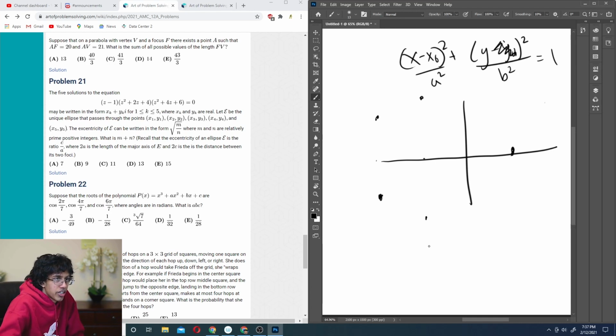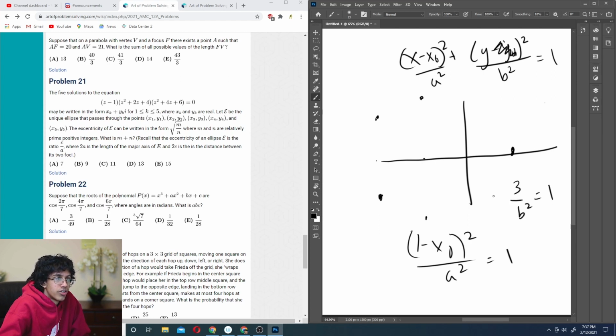So essentially, if we plug (1, 0) in here, we get (1 minus x0) squared over a squared is equal to 1. And if we plug in (negative 1, plus or minus root 3), then we get 3 over b squared equals 1 minus (x0 over a) squared.